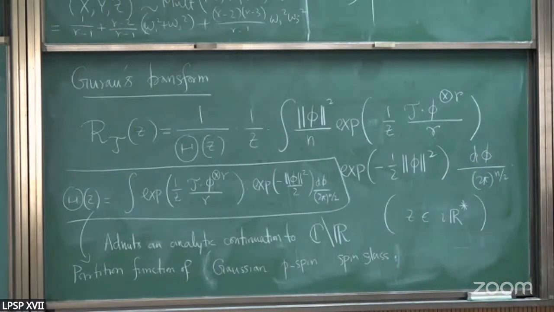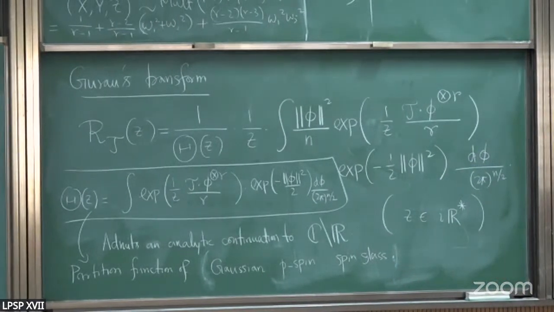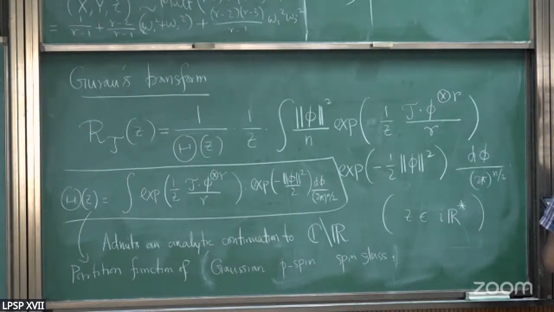Okay, so let us try to see why this boils down to the Stieltjes transform for matrices. So let us look at that partition function first.